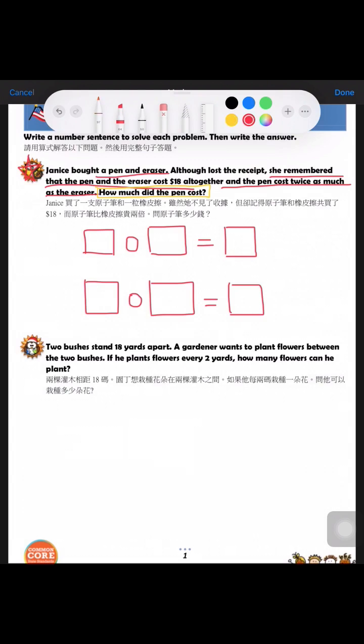Because we know that the pen and the eraser cost $18 altogether, and the pen cost twice as much as the eraser, we split 18 into 3 parts evenly.